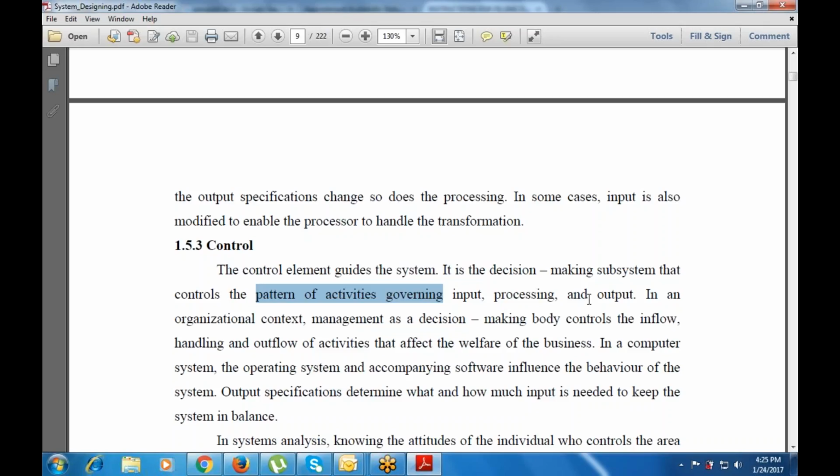So in most computer systems, the operating system and the accompanying software influence the task and the behavior. What is the behavior of the business that is involved over here? What is the usage of the business that is involved over here?